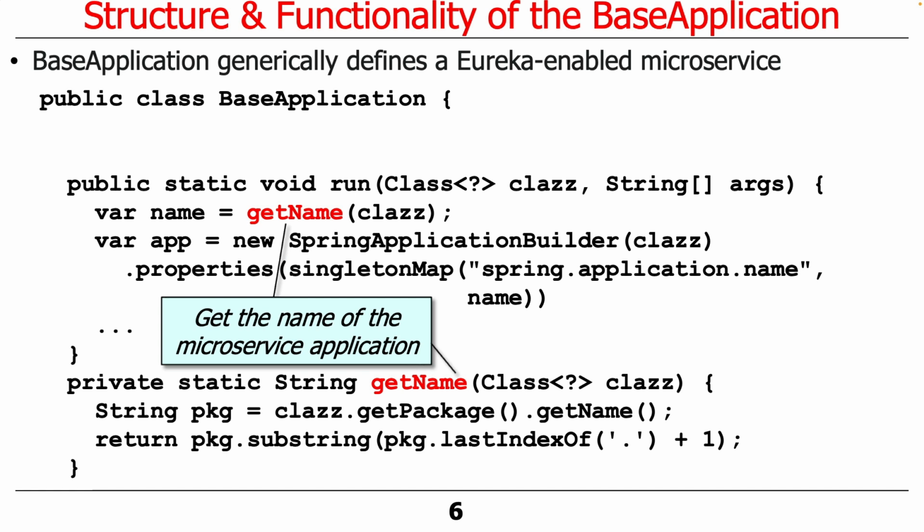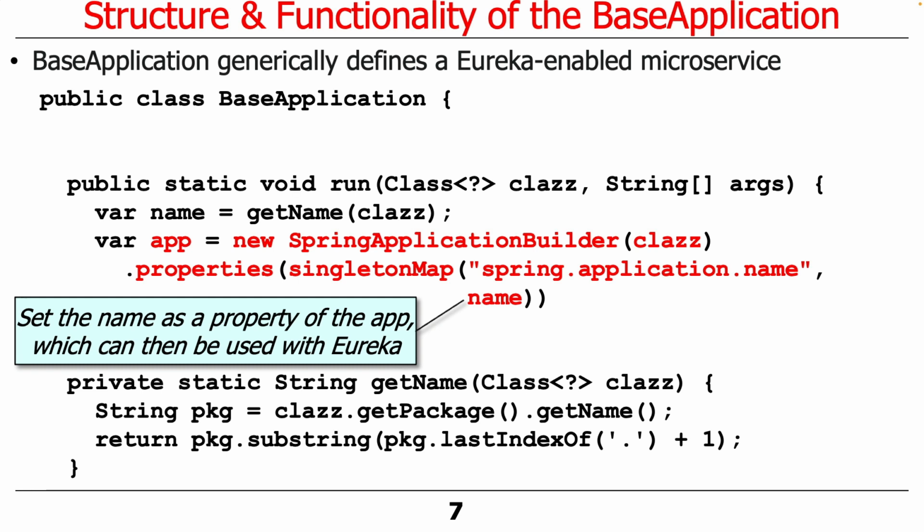And it uses that name to register with the underlying Eureka system with a canonicalized name. So this name will then be what's used when this application is going to register with the system.